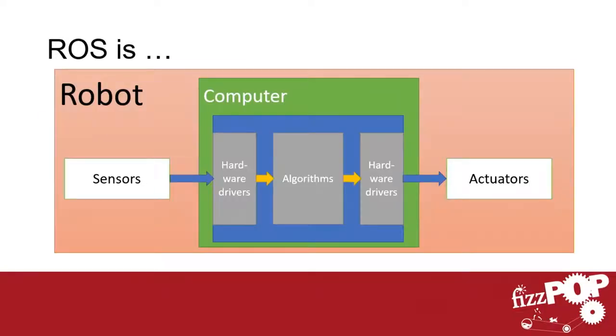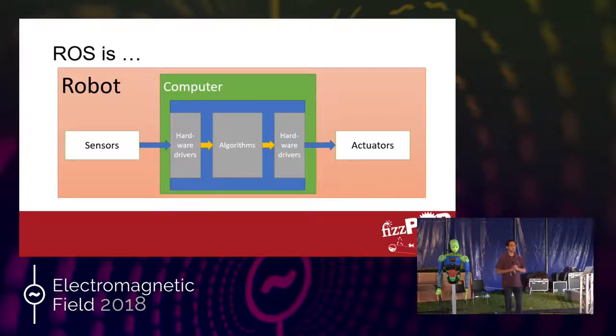If you think of a robot as a set of sensors and a set of actuators, it essentially connects these two. So you have drivers pulling out information from the sensors, like cameras or a Kinect or a laser sensor, and you have drivers operating the actuators, which are the motors of the robot, and you have the bit in the middle, running on the computer as well, which is the AI or whatever software you're writing to get the robot to do something useful.